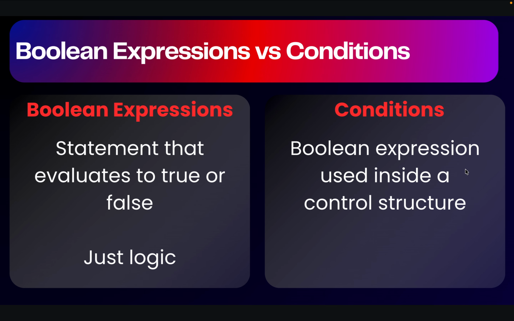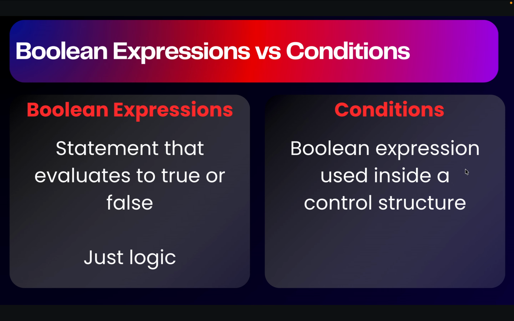So what is the difference between a Boolean expression and a condition? You have heard me say them both multiple times in this presentation. What you need to know is that your Boolean expression is basically a statement that is going to be true or false. So this is just purely logic, nothing more.